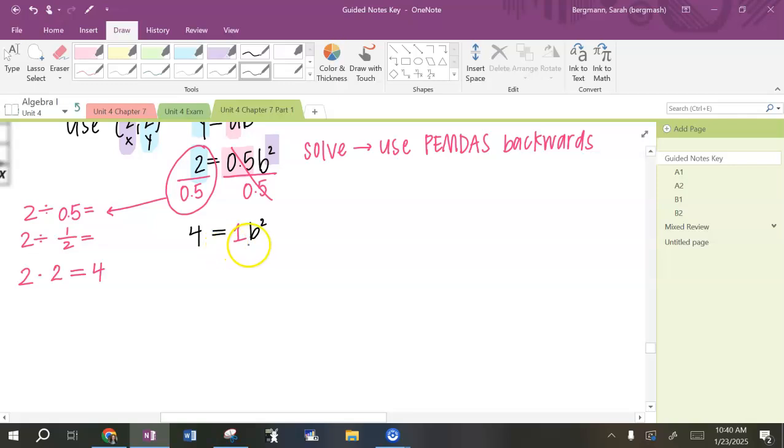We have 4 equals b squared, because we really don't need that 1 right there. So what this is saying is that the base squared is equal to 4. If we're working backwards, we did our multiplying. Now we're looking at the exponent. So what base can you square and get 4? What base squared gives you 4?